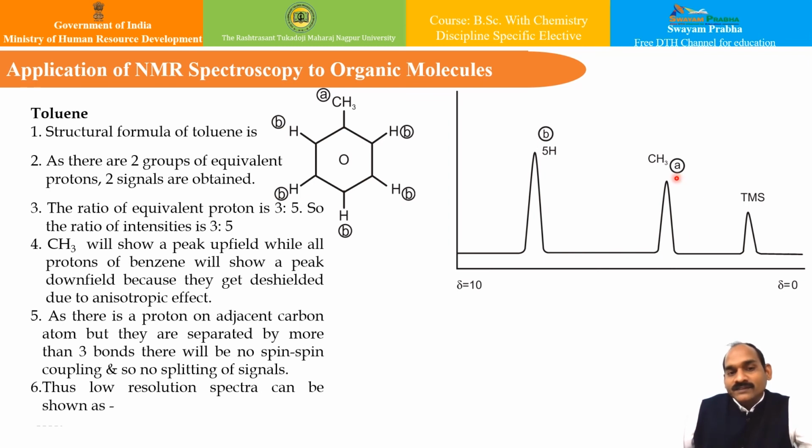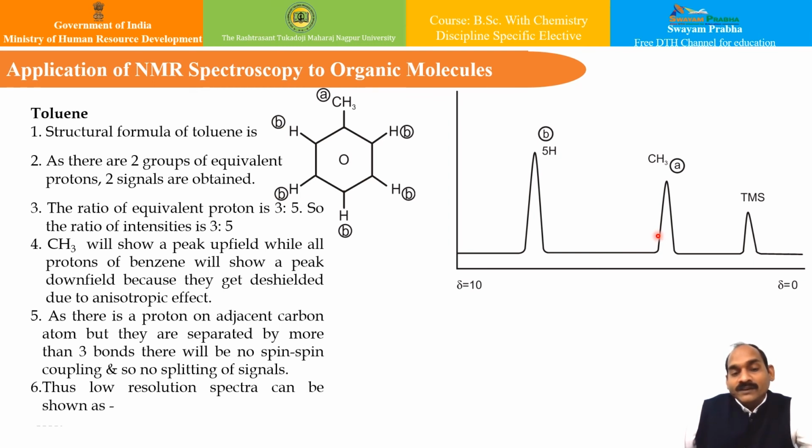This CH3 will show a peak upfield, while all the protons of benzene will show a peak downfield, because they get deshielded due to the anisotropic effect, a non-uniform environment. And although there is a proton on the adjacent carbon atom, they are separated by more than 3 bonds, as you can see over here, so there cannot be spin-spin coupling.